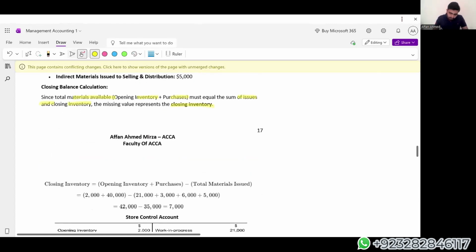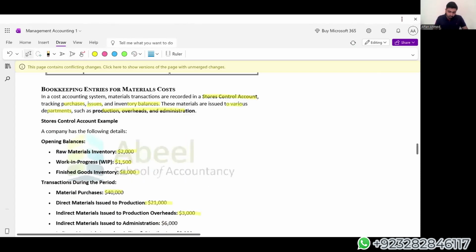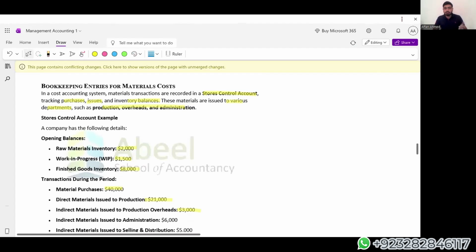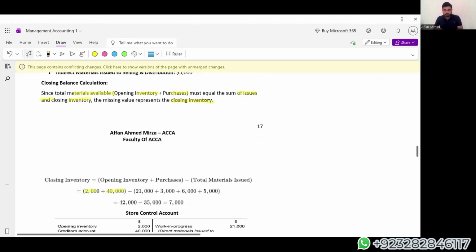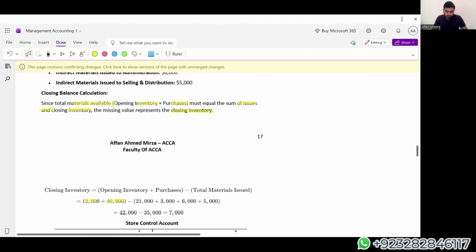Now, look at what I'm telling you. 2000 plus 40,000. 2000 is the raw material that we have had. Work in progress and finished goods are not to be issued to any other departments, right? They are goods that are already in process. So 2000 plus 40,000 is the purchases of material. Next, we are going to have the issues of material. So add all issues and subtract 7,000, the closing inventory that we are having. For the T account purposes, let's make a T account.